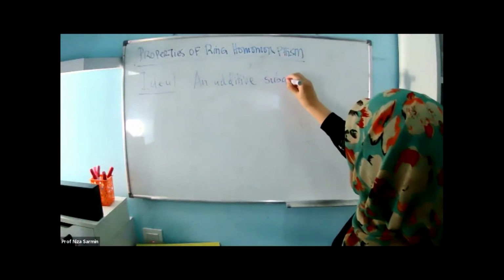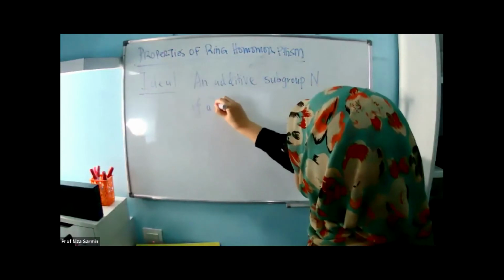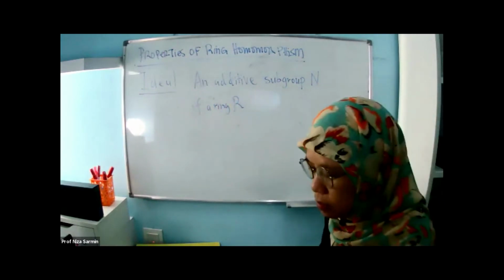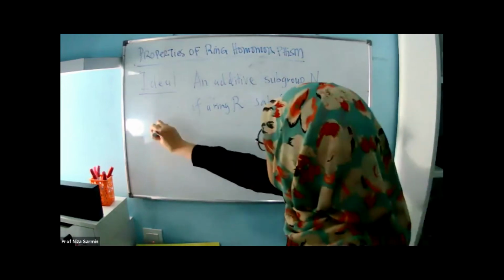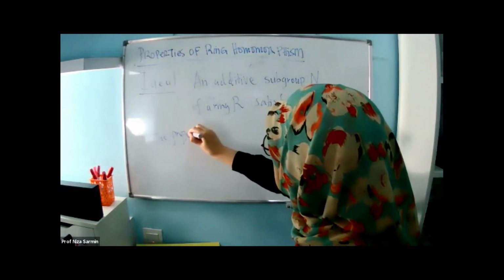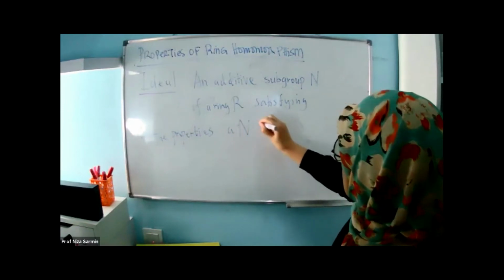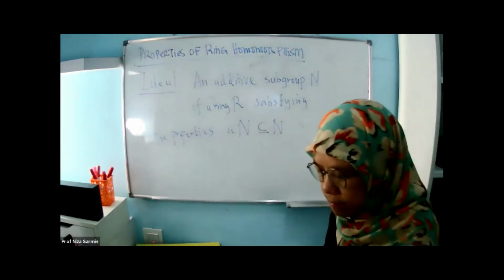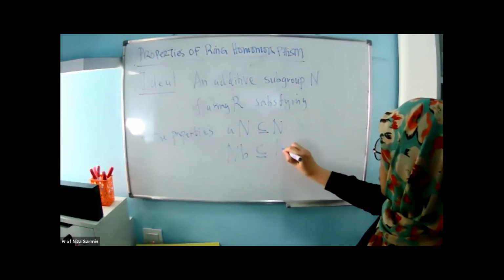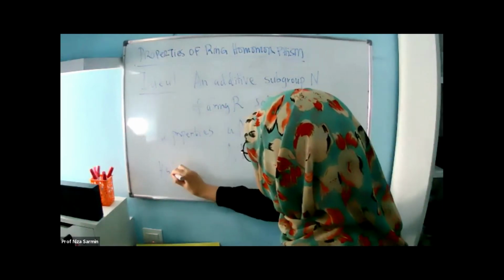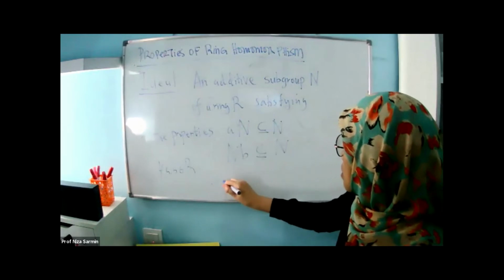So an additive subgroup N of a ring R satisfying the properties: A N is a subset of N, and N B is also a subset of N for all A, B in R, is an ideal.